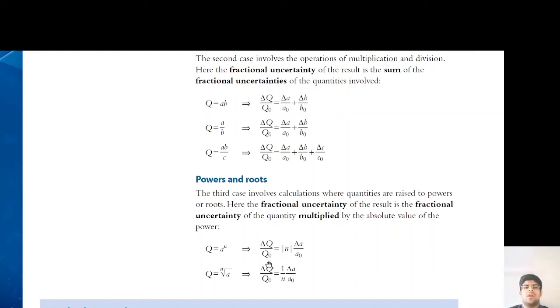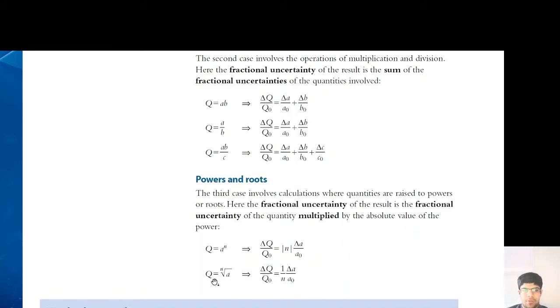So we can do delta q over q0 equals, with these bars, which I also say as mod. So n is a number, and if we have a negative number here, then also it would be positive because it has two bars, which means mod. So delta a over a0, which is the fractional uncertainty here.